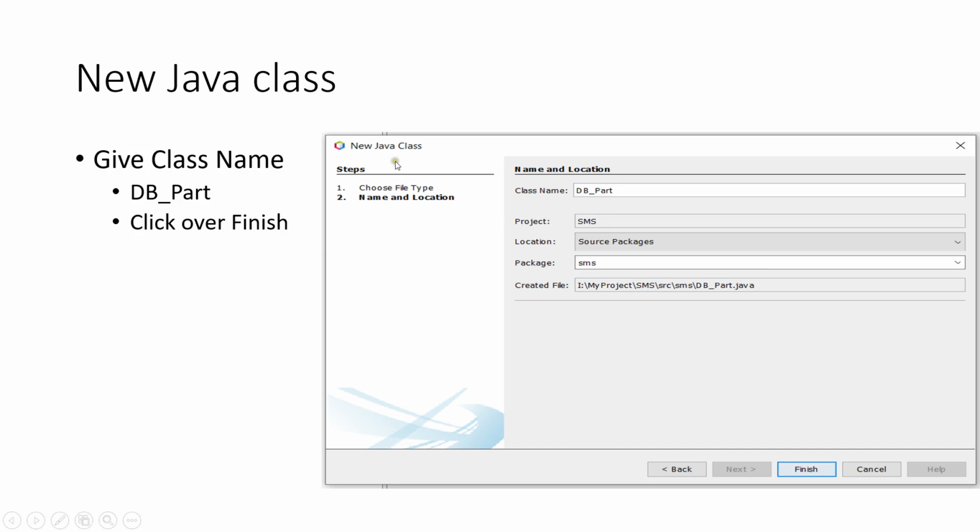It shows a dialog box to add a new Java class. The class which I am going to add to my project is db underscore part, database part. The class name is db part, which is added to the project SMS. The package is SMS. This is the location. Click on Finish.